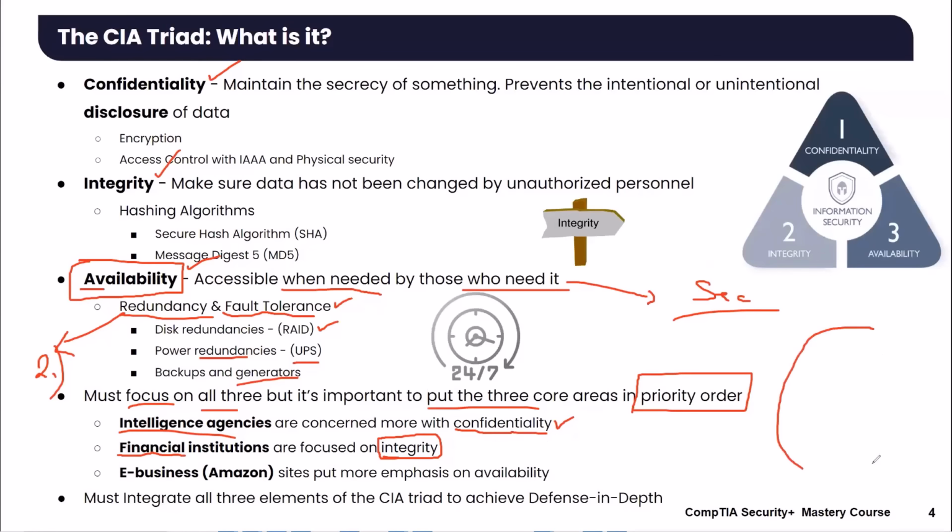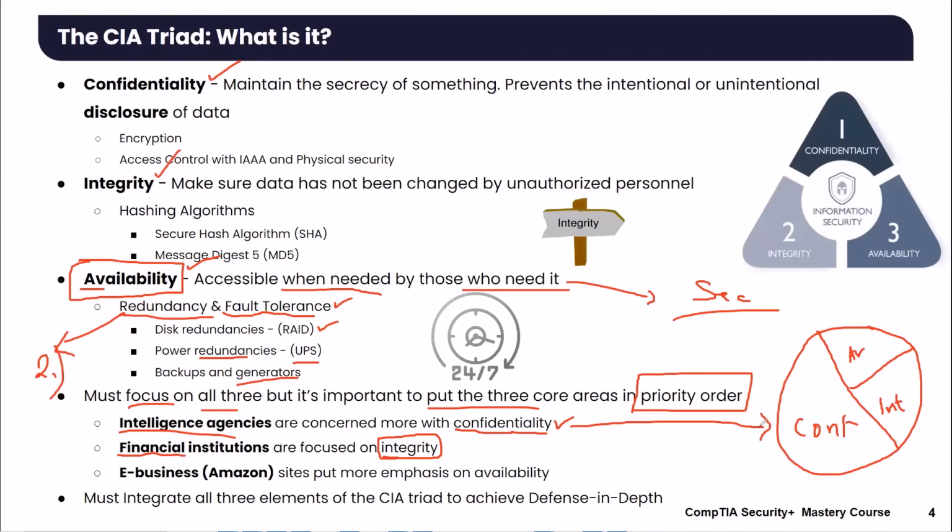Often, people in charge of securing the enterprise focus their resources on the wrong thing, right? Not necessarily the wrong thing, more like not the right thing. So they might have something that looks like this, where they have confidentiality here, integrity here, and availability here. If you are in the intelligence agencies, you want to focus all your resources, the budget, on confidentiality.